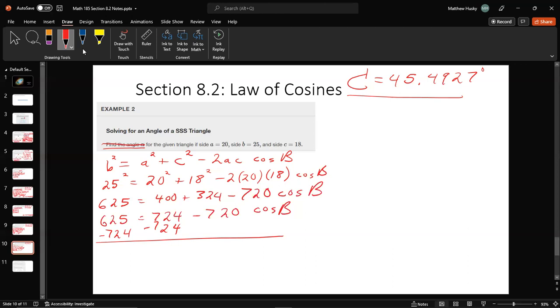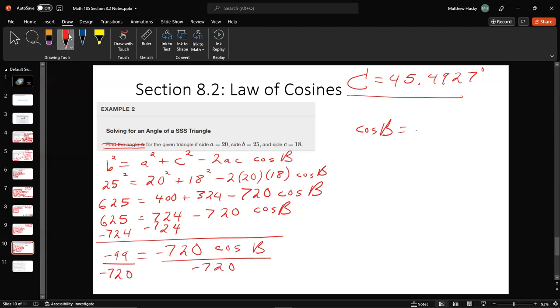That happens to be negative 99. Right on. That equals negative 720 cosine of B. And then what are you going to do? You're going to divide by negative 720. Cosine of big B is approximately equal to what, pray tell, is negative 99 divided by negative 720? 0.1375. That's actually what it is exactly.